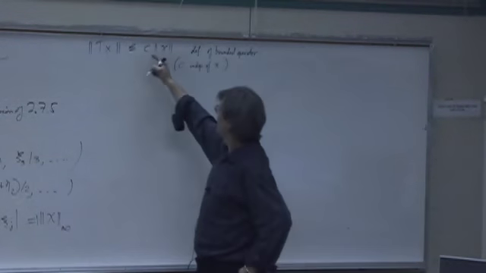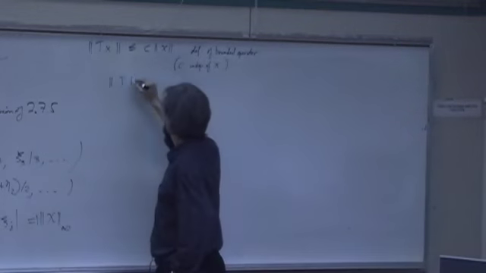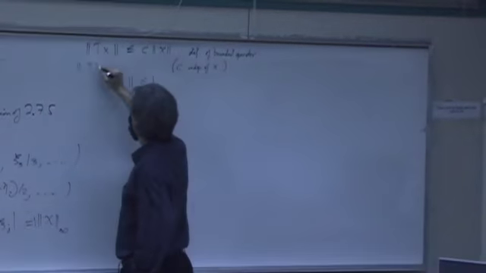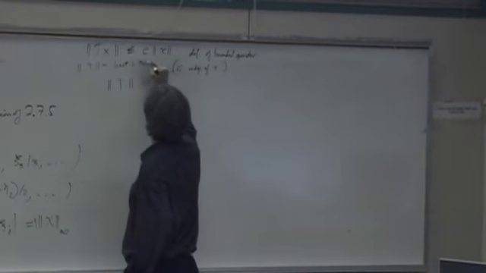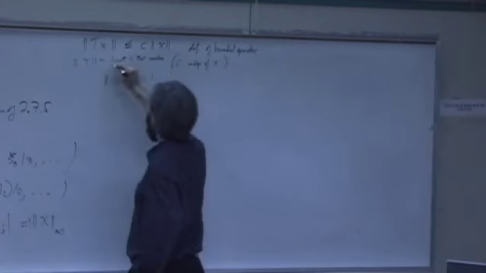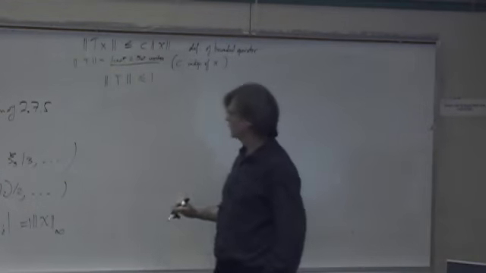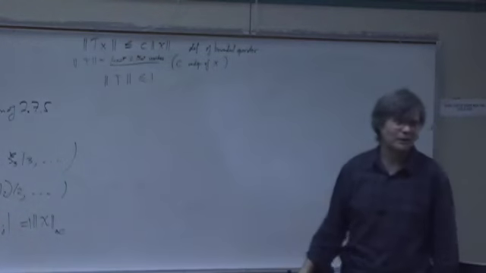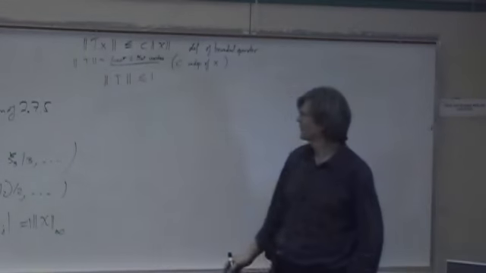And then the minimum C that works is the norm. So here we have that the norm of T is less than or equal to 1. The norm of T is the least C that works. There is such a least C because, in fact, it is the sup of the norm of Tx divided by the norm of x, which is a least upper bound, if we go with the real numbers.